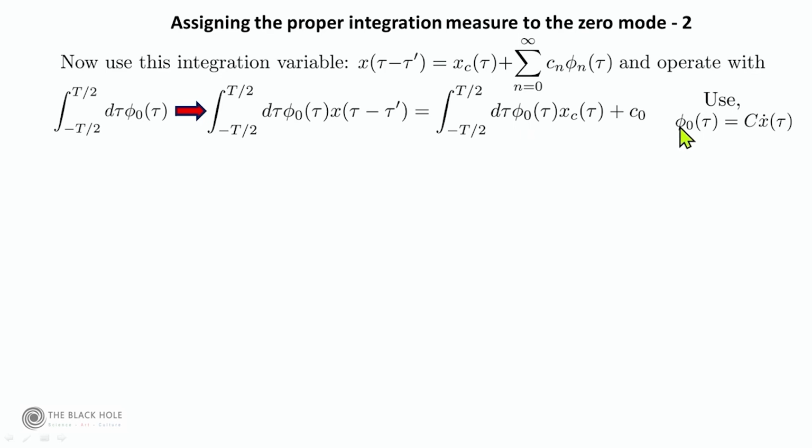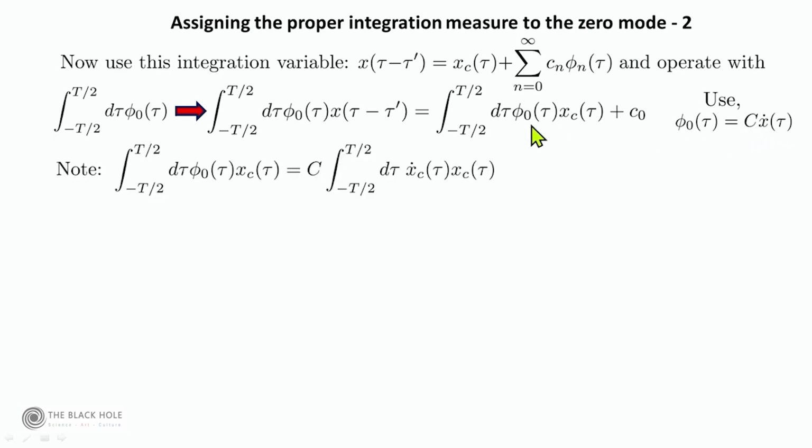Okay? So when normalized properly, you remember we had to put a normalization constant c. We even have an explicit form for that. But let's put in phi 0 equal to c xc dot. Good. Now look at this thing. Phi 0 xc.